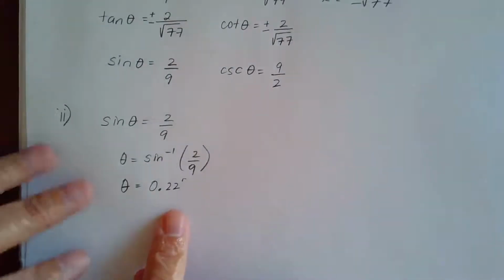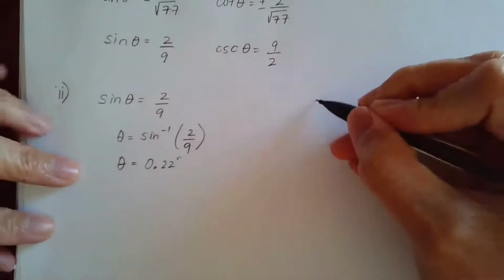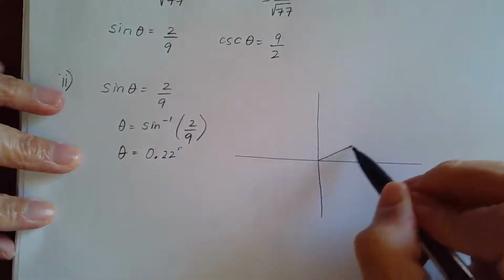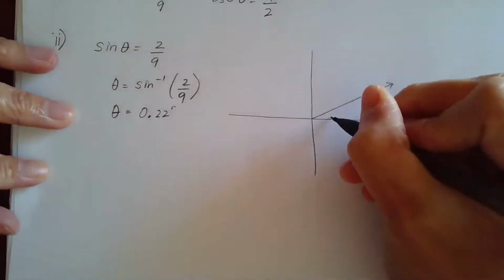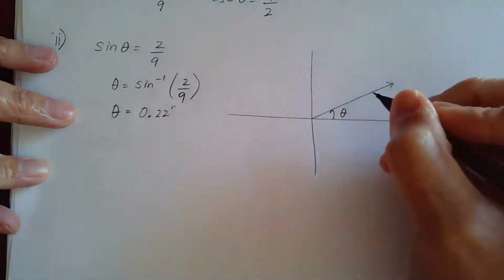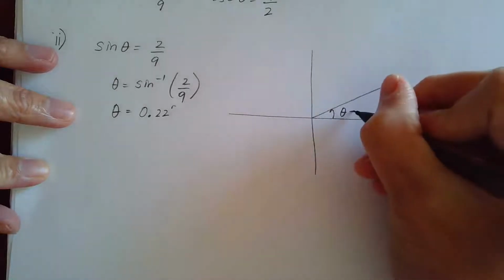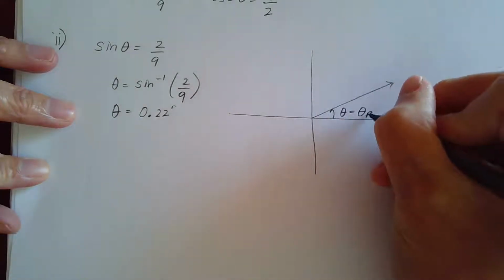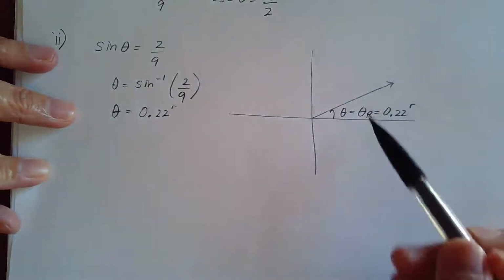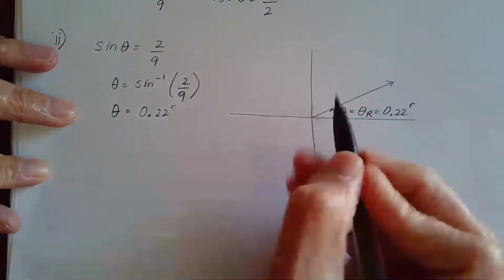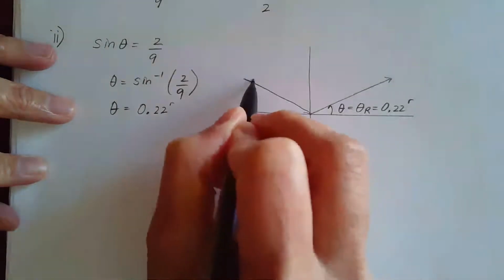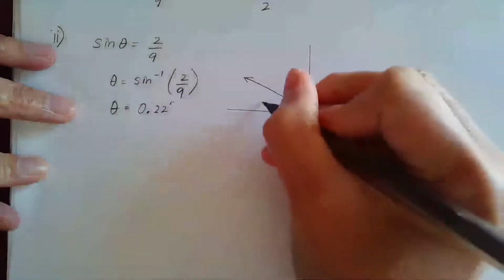Now the 0.22 radians is actually the reference angle in quadrant 1. So they're telling us that this one here in quadrant 1 is 0.22 radians, which is also the reference angle of 0.22 radians. So if the reference angle is 0.22, then there's a reference angle over here also at 0.22.